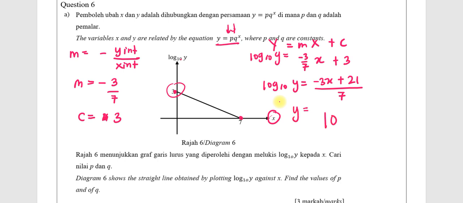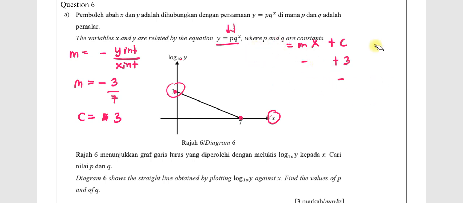Y equals 10 power negative 3x plus 21 over 7, which is not a good point to compare with. So sometimes I also overlook. I thought I wanted to convert log 10y, the linear form, into non-linear. If that doesn't work, you start converting non-linear to linear. It's okay. I overlooked just now.